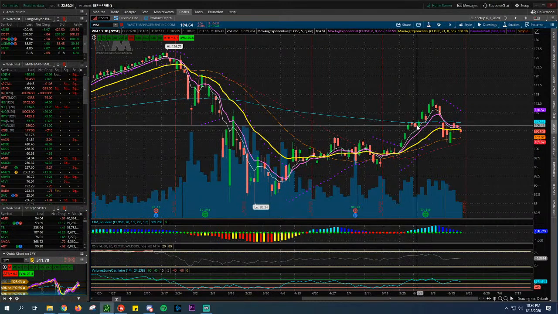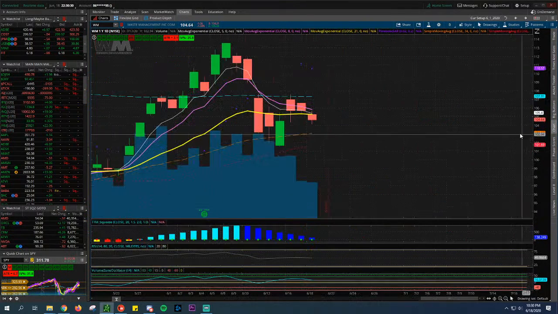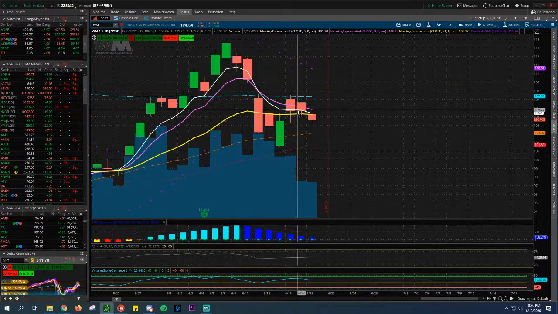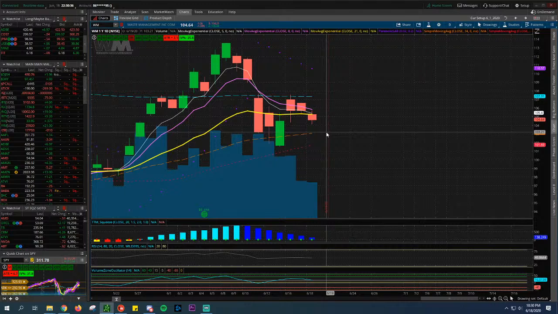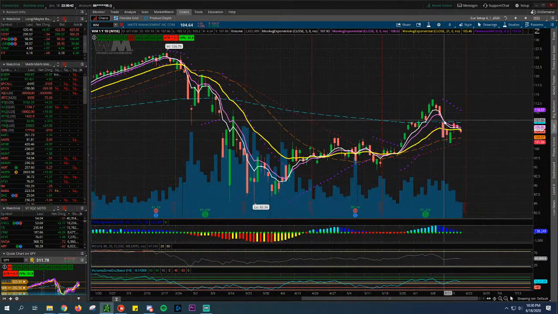Had a huge pop up, had a little issue around the 200-day, broke past it. Now it's coming back to earth, looking for this 5 and 8 exponential moving average to trade sideways. We don't want to cross through this, but potentially we can go back down to the 103, even down to the 101 level. But again, these are just buying opportunities for me as well.